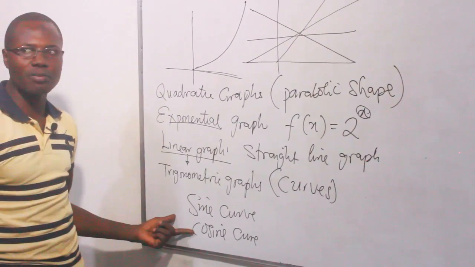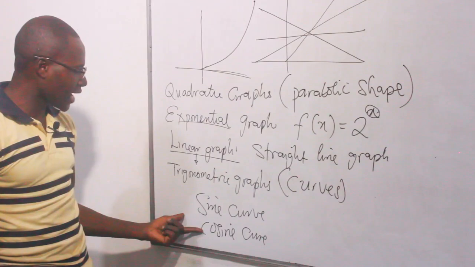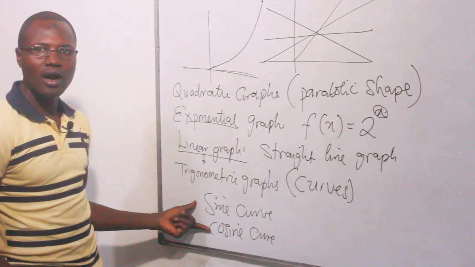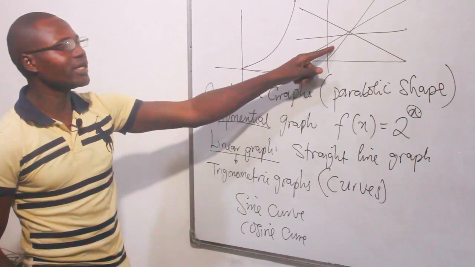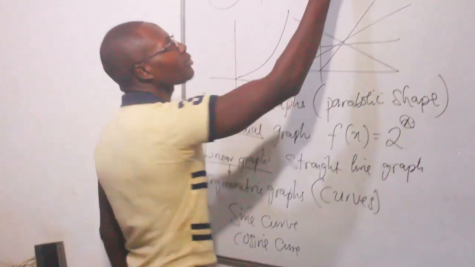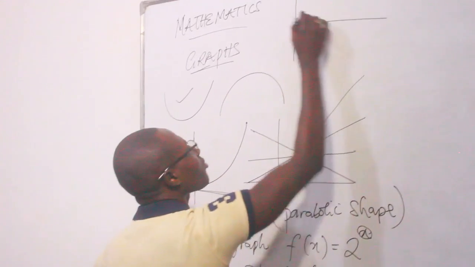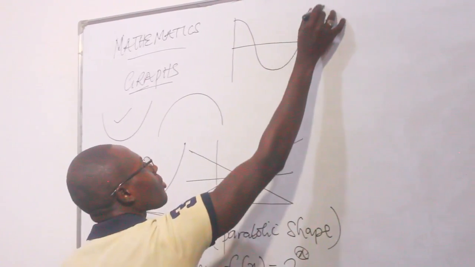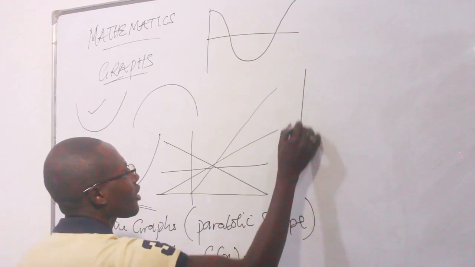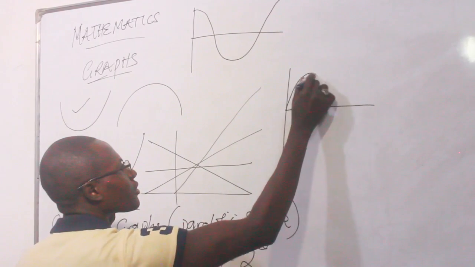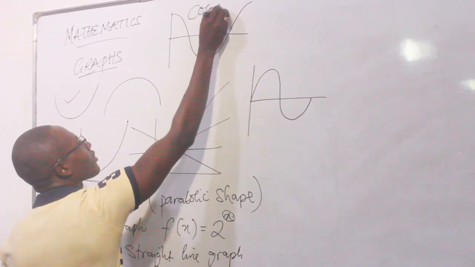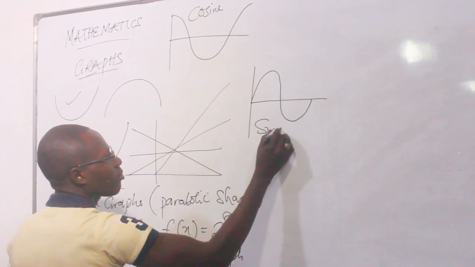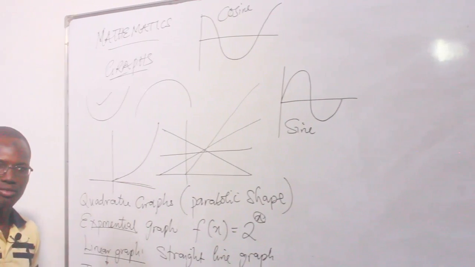These two types of graph must be sinusoidal or simple curves, but they will never be linear graphs. Example, they look somewhat like this or like this. This is the cosine curve and this is the sine curve.